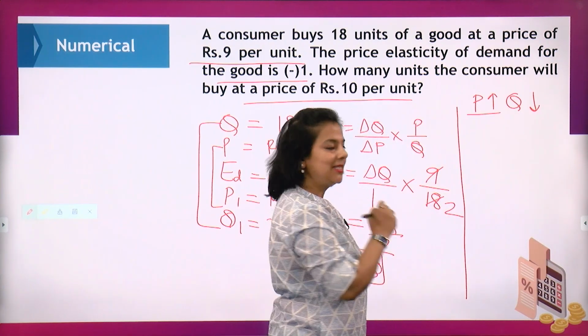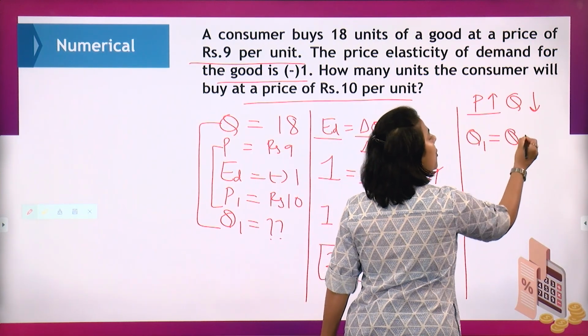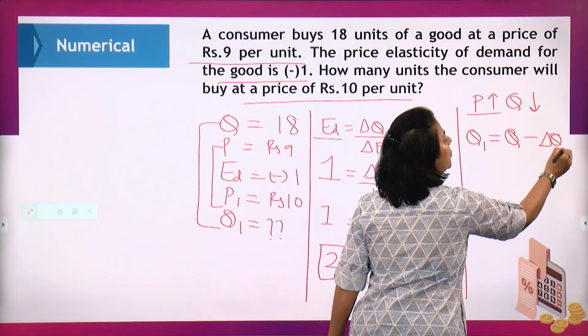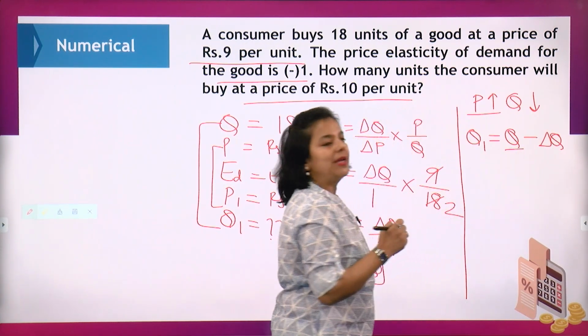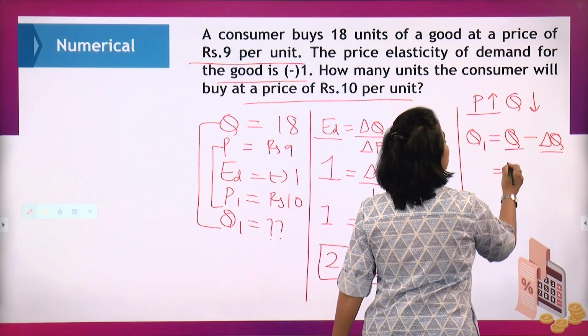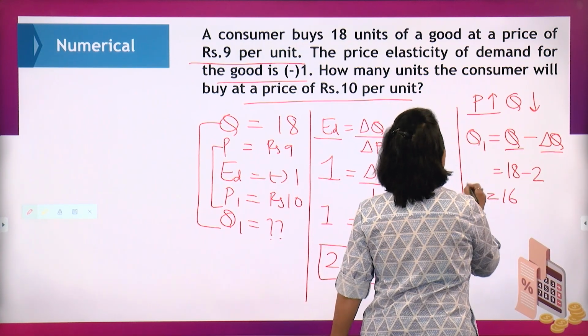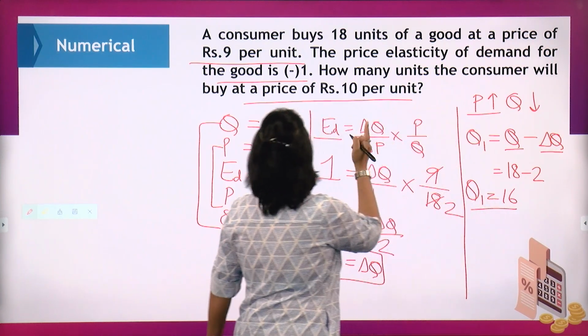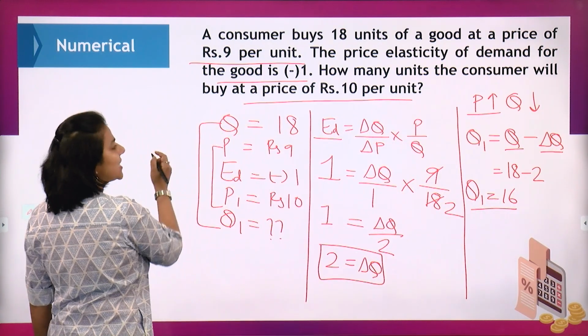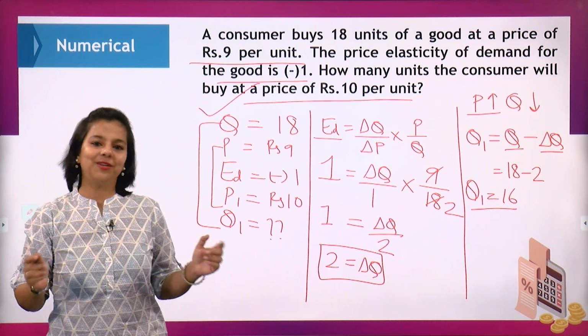So that means new quantity demanded will be Q minus change in Q. Original quantity में से हम change in quantity demanded को minus कर देंगे. So which is 18 minus 2, that is 16 units. So a consumer will buy 16 units at a price of rupees 10 per unit.